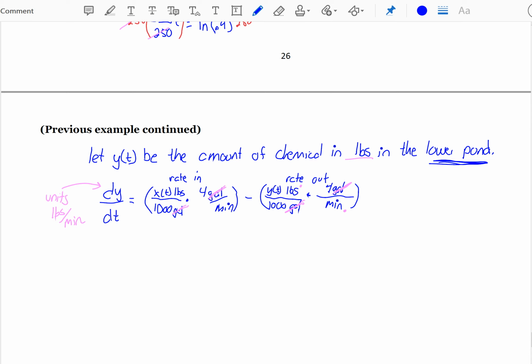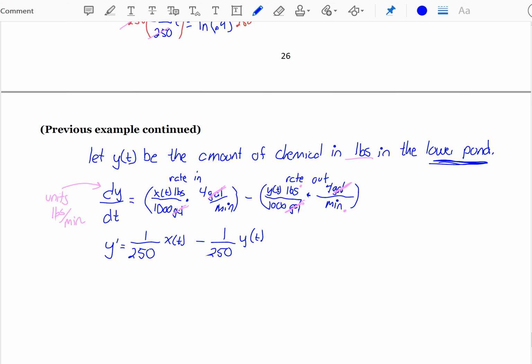And so if I write our differential equation, we can write this as y prime equals. Now our first rate in, if I simplify the 4 over the 1,000, I can write this as 1/250th x of t. The second pond, the rate out, I can again write this as 1/250th, but this is going to be y of t. And I'd rather write this as a function of a single variable on the right hand side, rather than x of t and y of t.